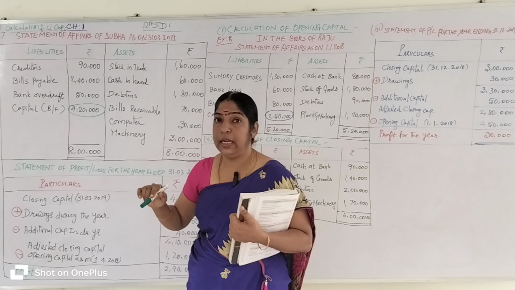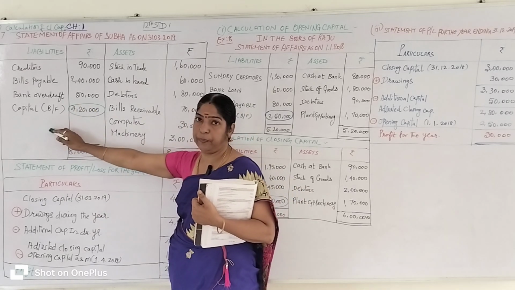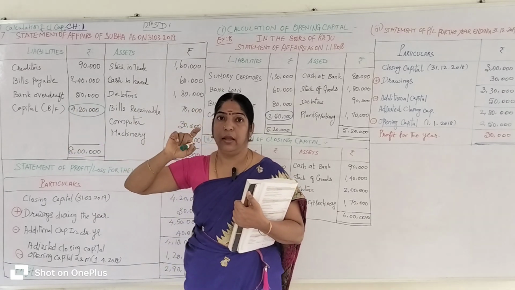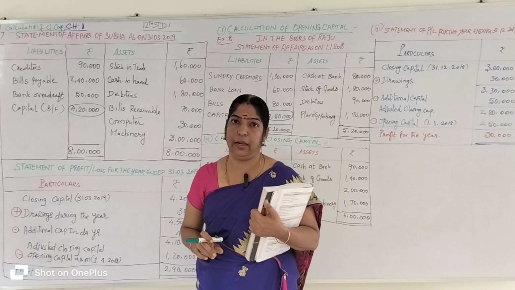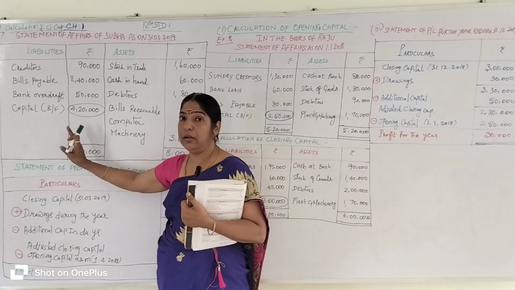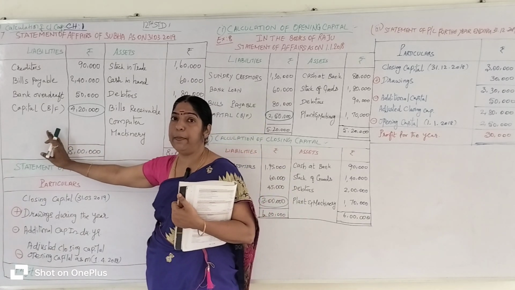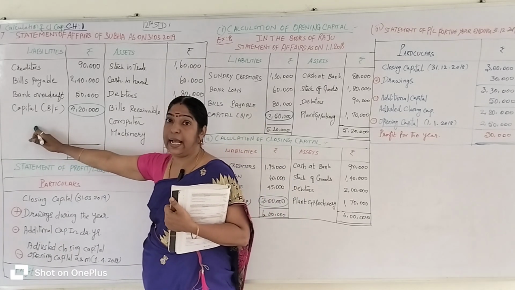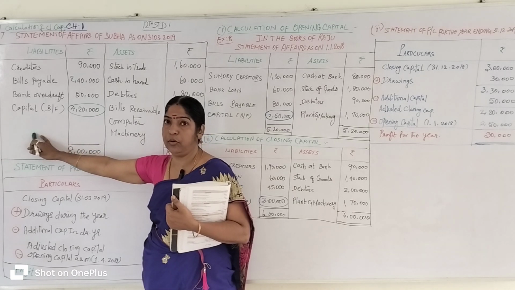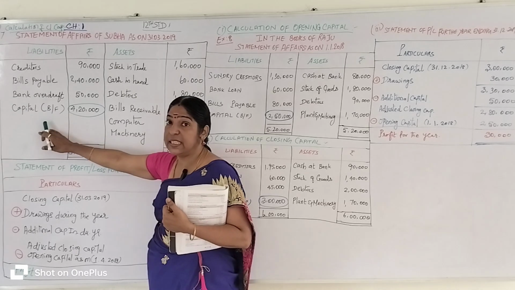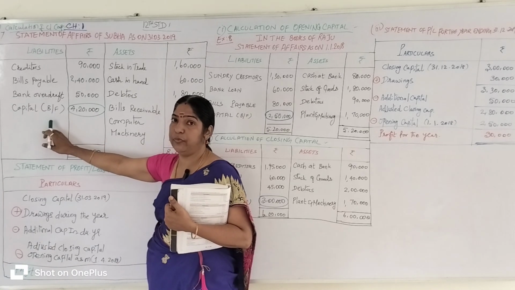Because we need the closing capital. Whether it is closing capital or opening capital, we commonly call it capital, right? Capital goes to the liability side. Capital is a liability item. So on the liability side we need the balancing figure.